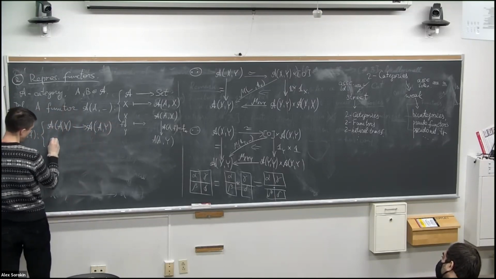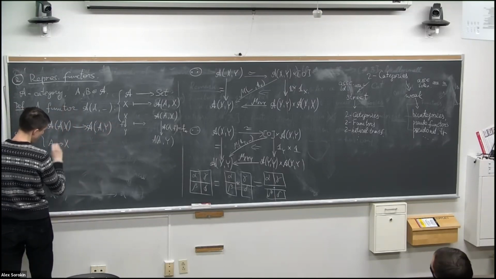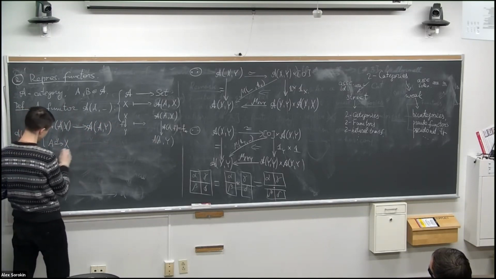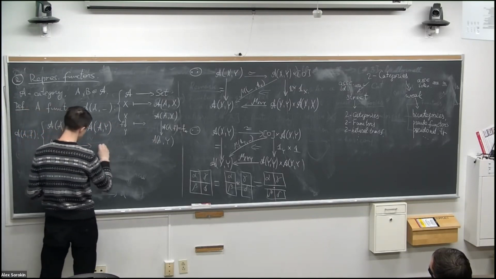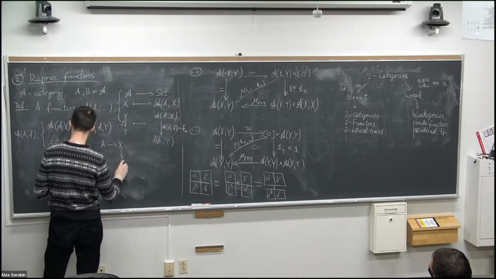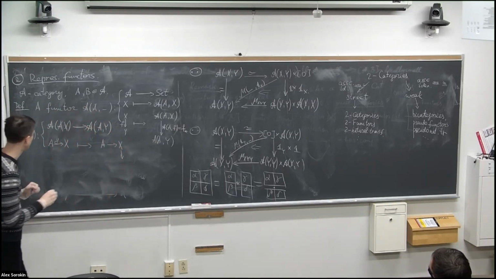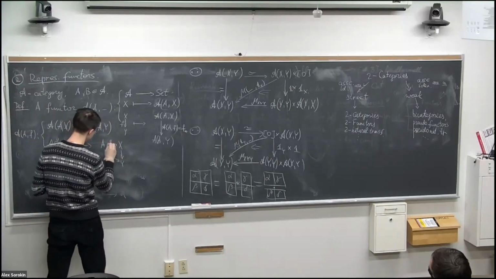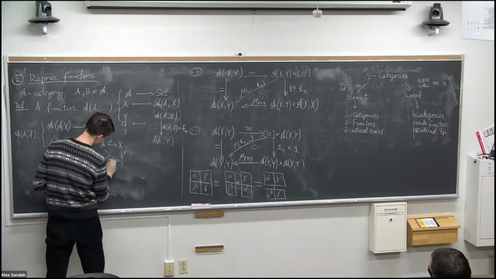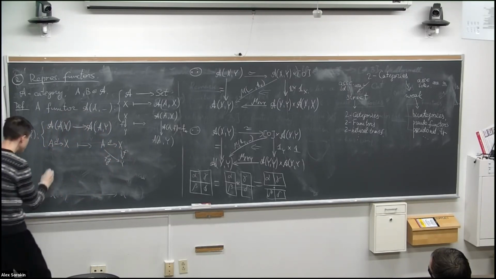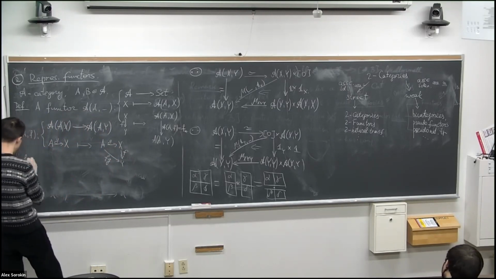When we have an arrow from A to X, an arrow G, then this arrow goes to the composition from A to X, from X to Y. Here is G, here is F. Or shorter, F lower star G.